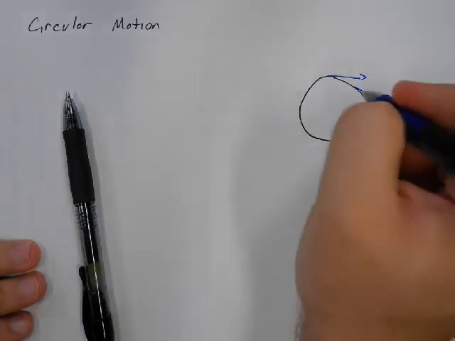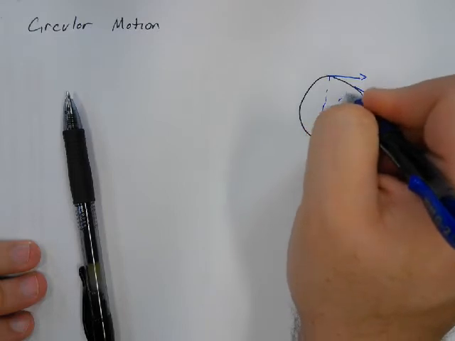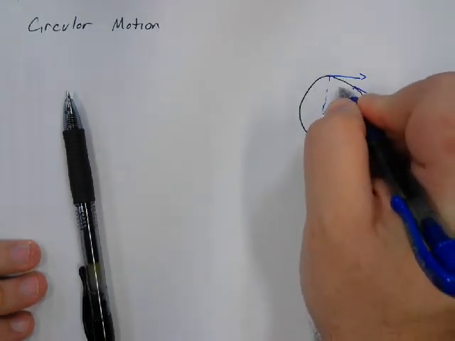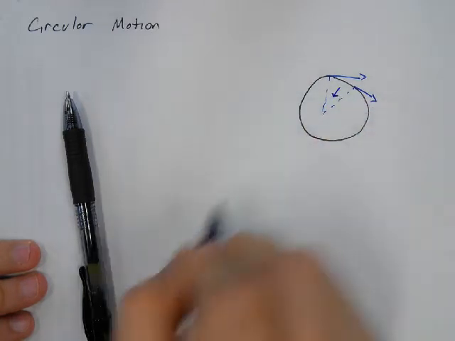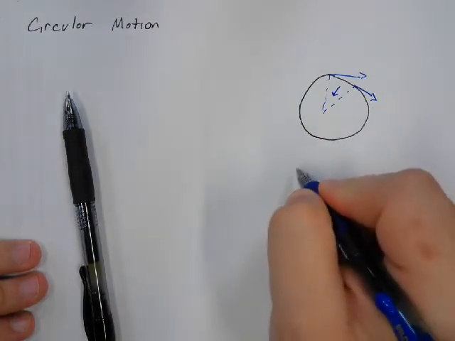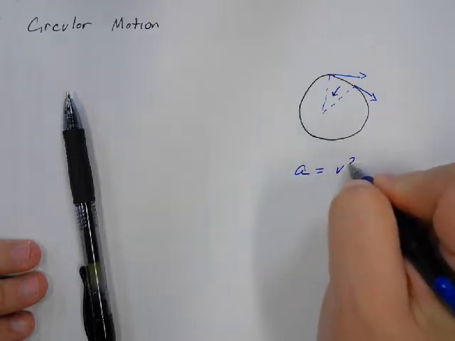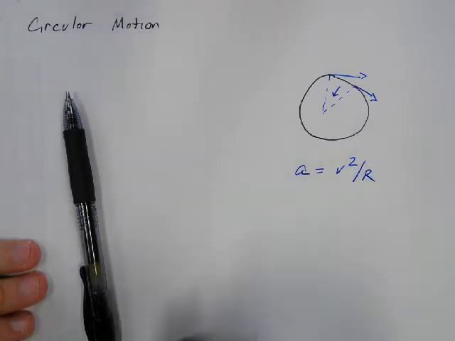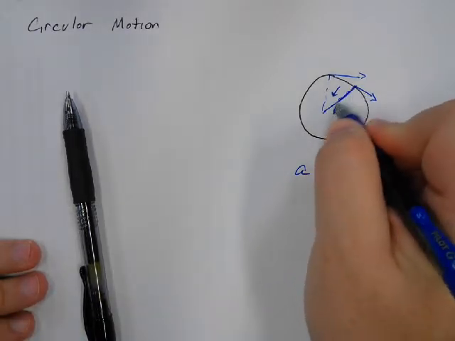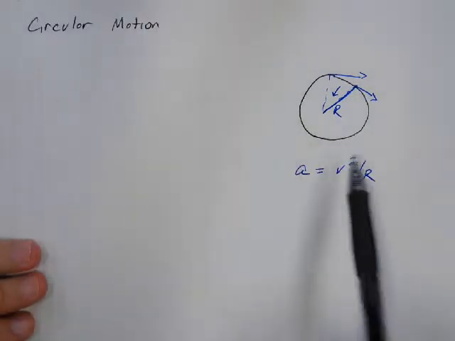And based on the velocity and the radius that we have, we can essentially build that there has to be some acceleration toward the center of the circle. And what we get out of it is that the acceleration looks like v squared over r, where this is r on the interior. Right, so that's in your textbook. That's in the notes, I believe.